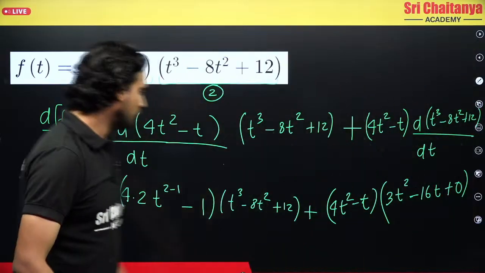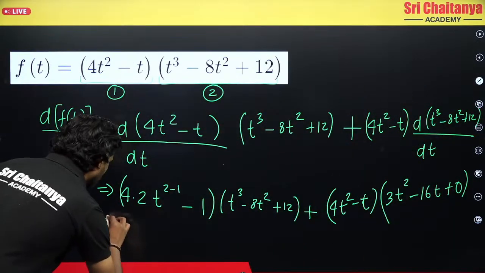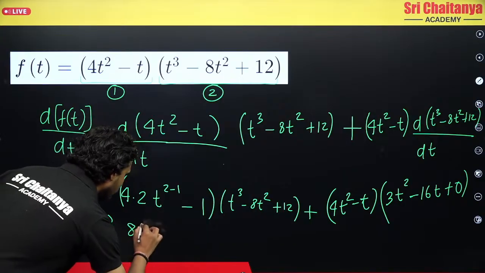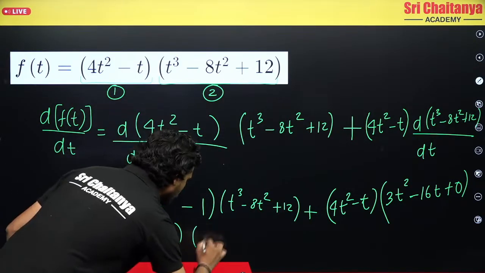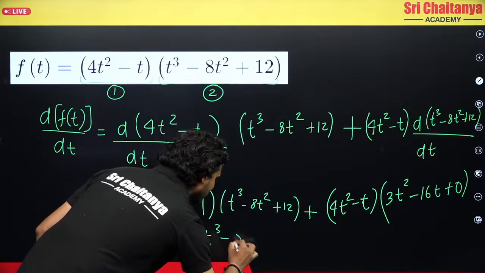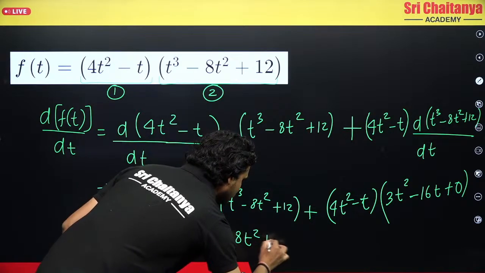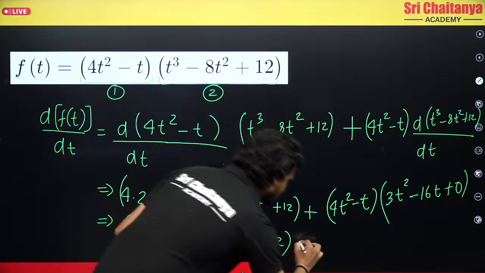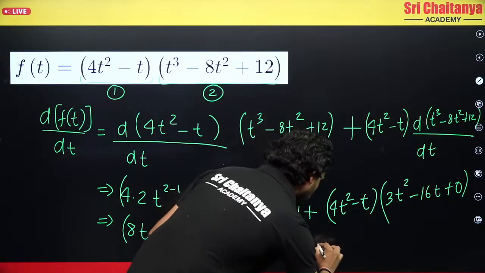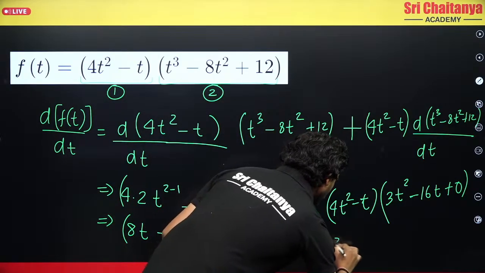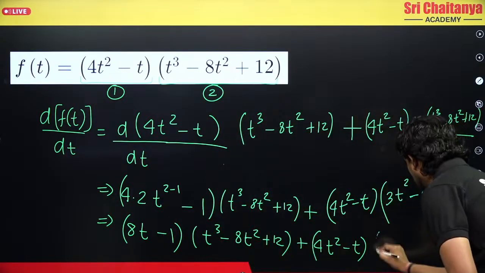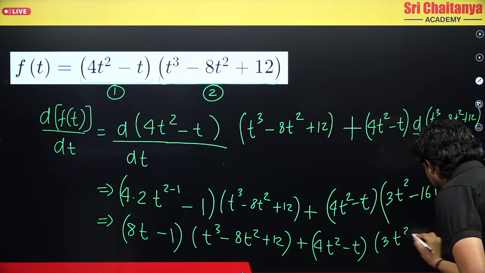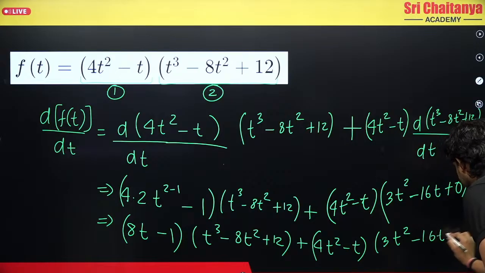So now what do I get here? I will have, this will be equal to 8t minus 1 into t cube minus 8t square plus 12, plus 4t square minus t into 3t square minus 16t.